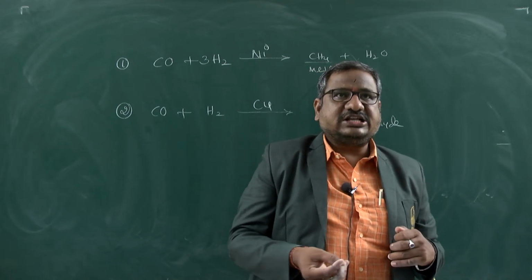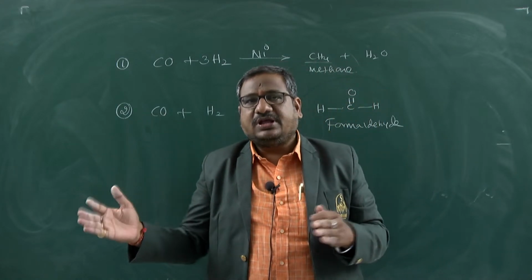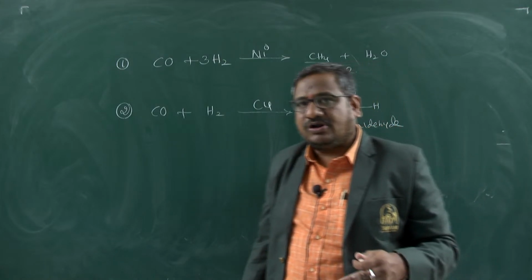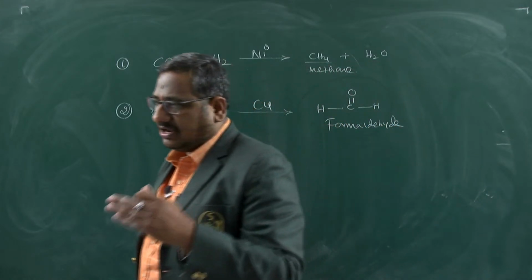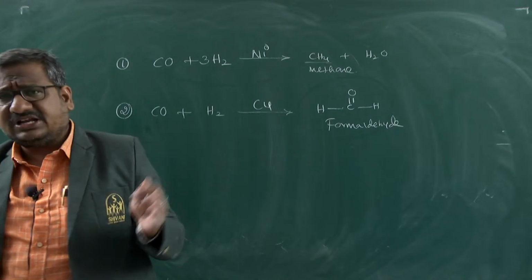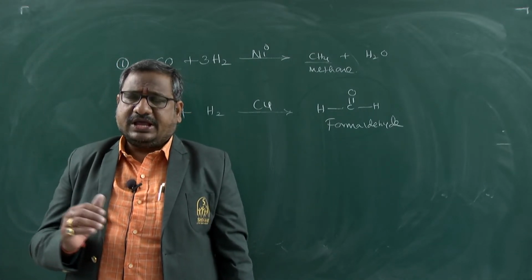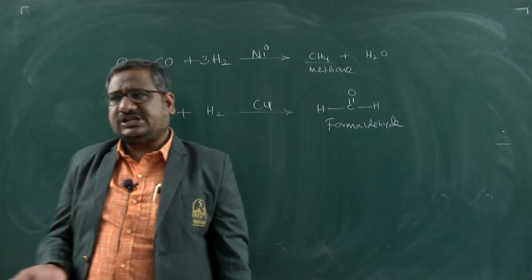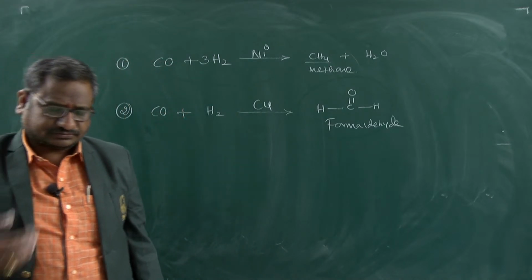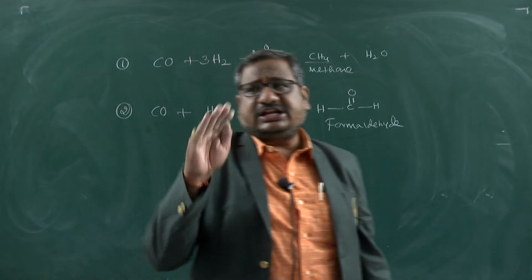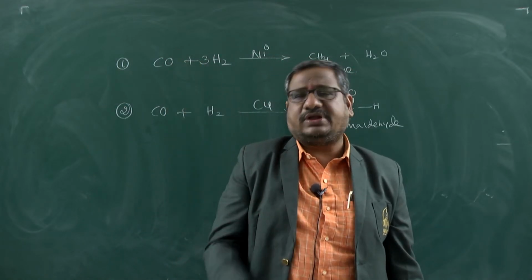According to the Freundlich adsorption isotherm, it is a physical adsorption. The principle for the Freundlich adsorption isotherm is log x by m is equal to 1 by n log p plus log k, and this is for the pressure function. In case of solution, in the place of p we substitute c, so x by m is directly proportional to c to the power of 1 by n.